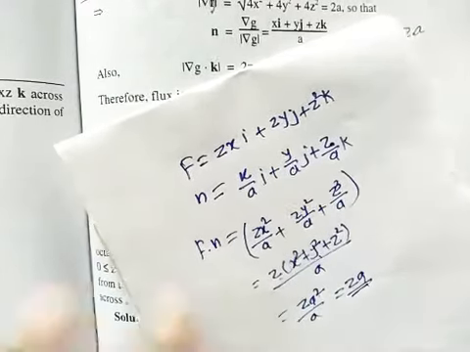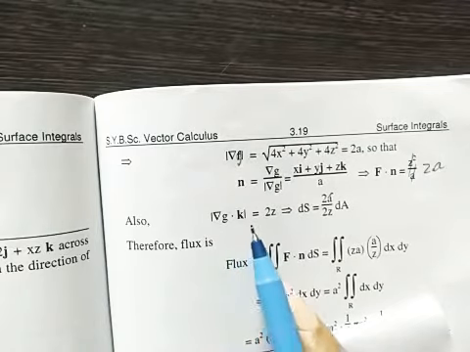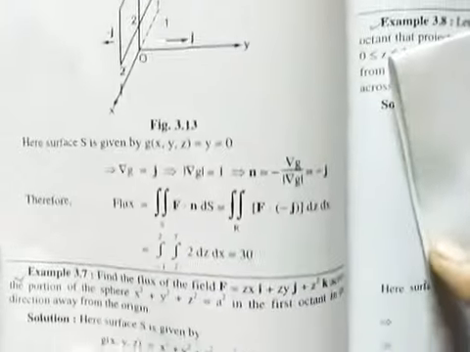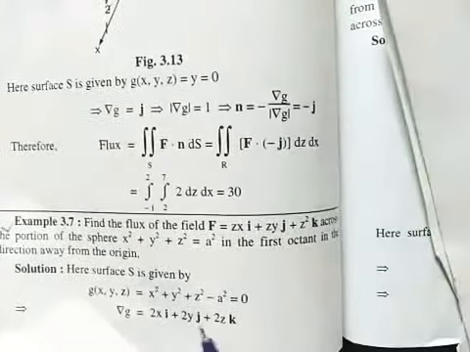Next, what we require is mod of del g dot k. Remember that here this F is capital F, that is the given field. Now del g dot k. Our del g is 2x i plus 2y j plus 2z k. Its dot product with k will be 2z, because the coefficient of k is 1 and it is 2z.